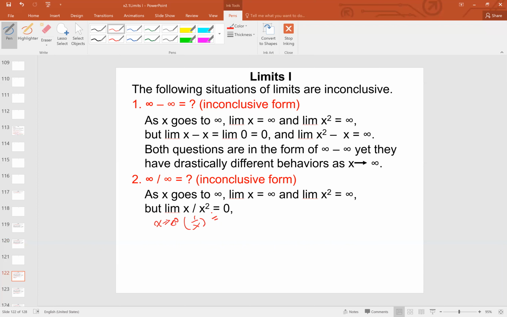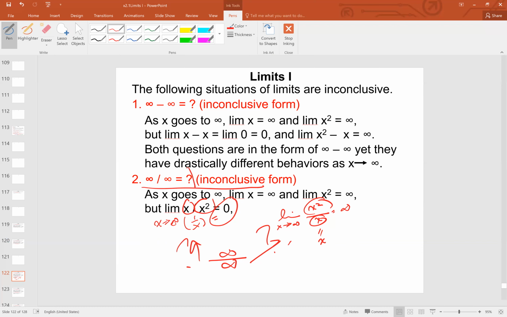But if I turn the fraction around, x squared over x is just x, of course, so it goes to infinity. In both cases I'm looking at infinity divided by infinity, but from there I don't know which case it is. So there's no conclusion we can draw if I wind up with this format.